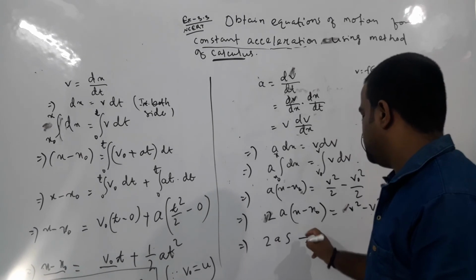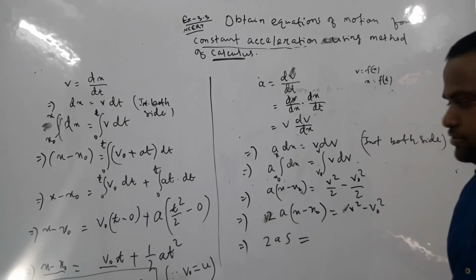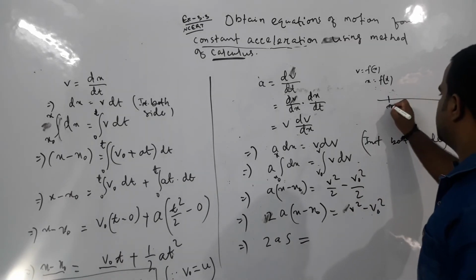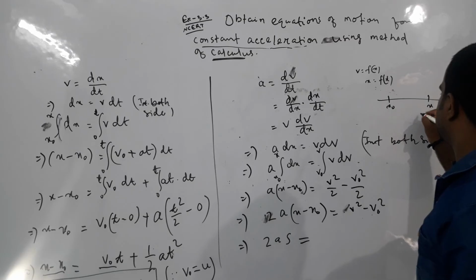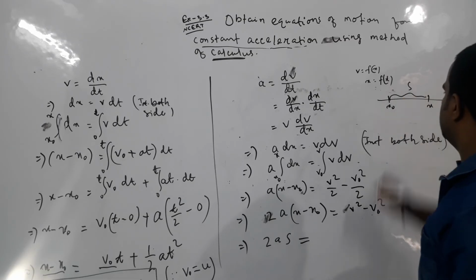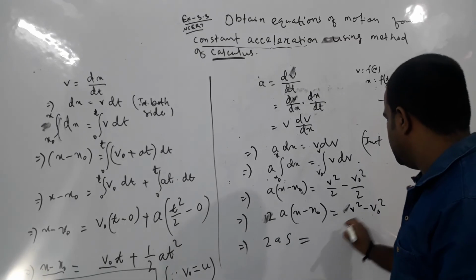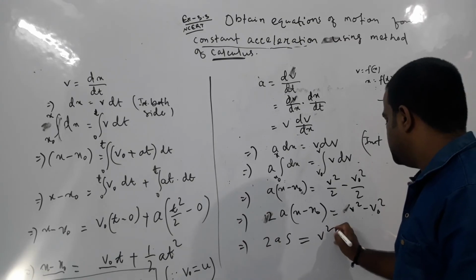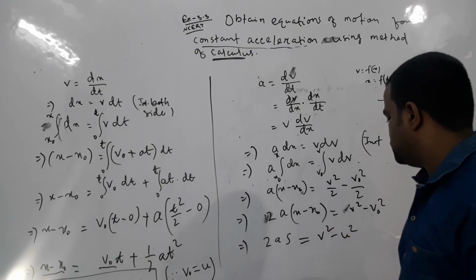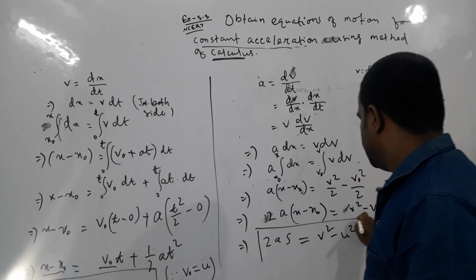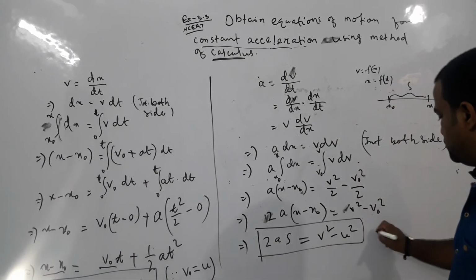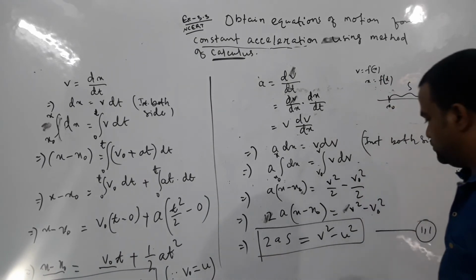x minus x0 is the displacement. Suppose this is your x0, this is your x, the distance or displacement s. So you can write v square minus u square is equal to 2as. This is your last equation, equation number 3.